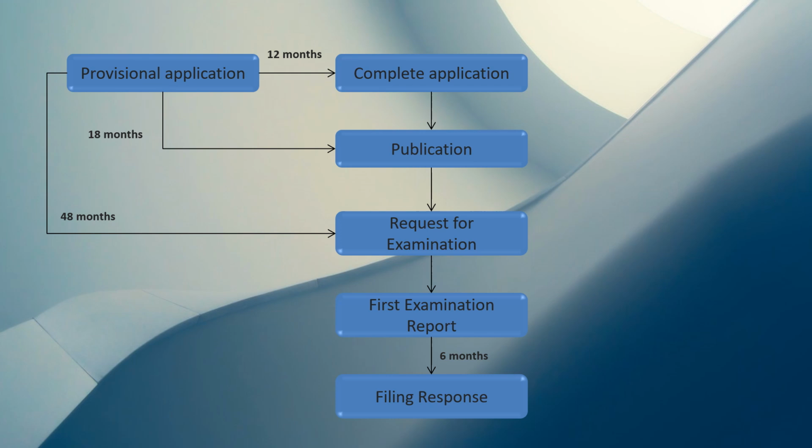So, a provisional application is basically an option provided by the Indian Patent Office in case the invention is at a very initial stage, right? So what I mean is, let's say there is an inventor who came across a problem and, thinking about the problem, he found a solution, which is basically an invention.